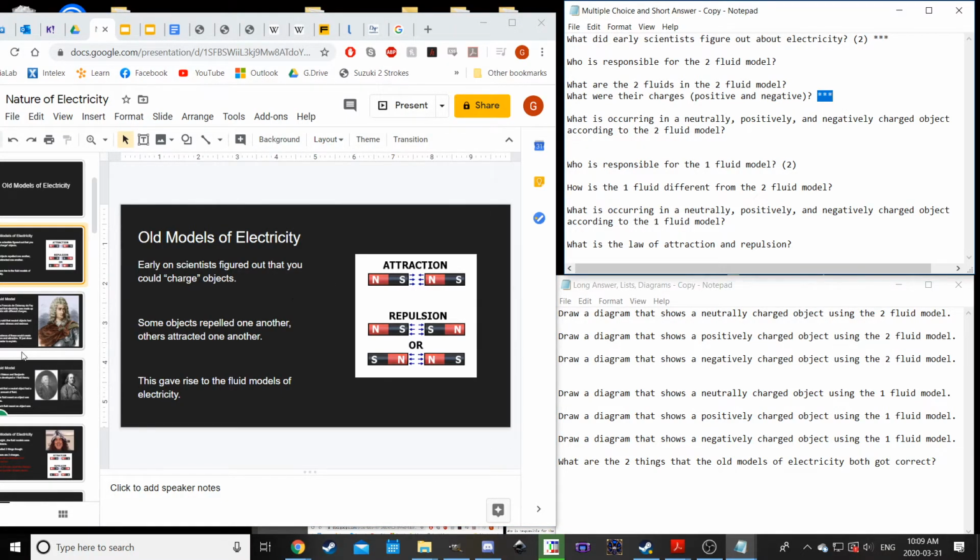Well, I know that vitreous was positive and resinous was negative. Okay, I know that one now, so I can take away the star. And once all the stars are gone, then it means you probably know all this stuff, right? Of course, I would do a refresher right before the test or the quiz or whatever, but that's how you're going to make sure you know all this stuff.